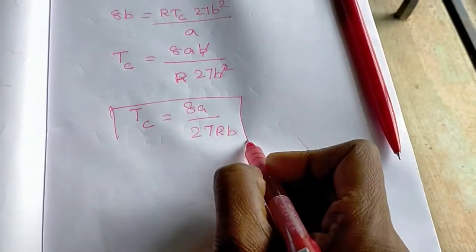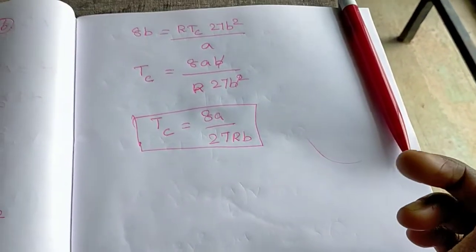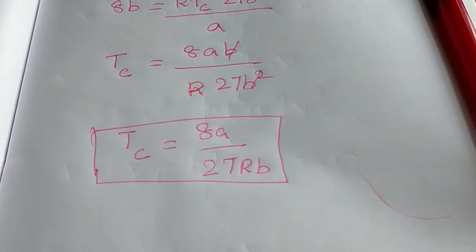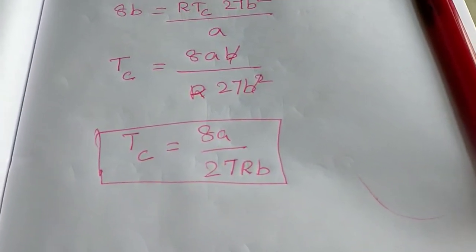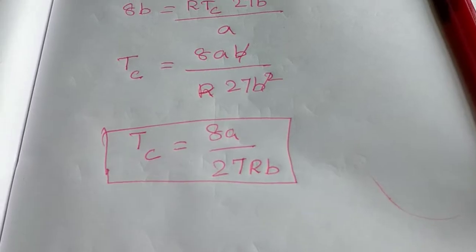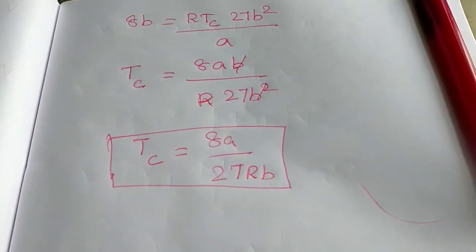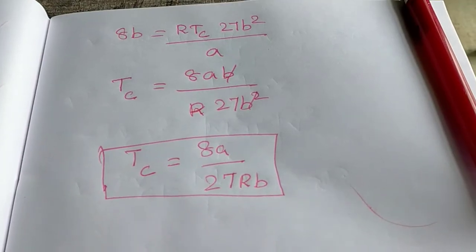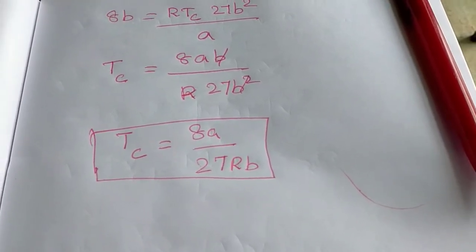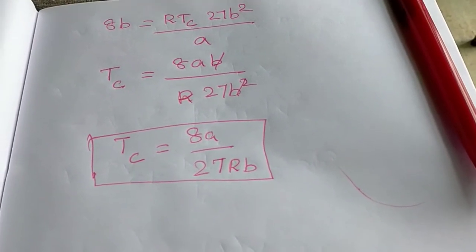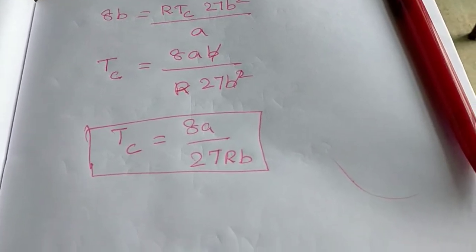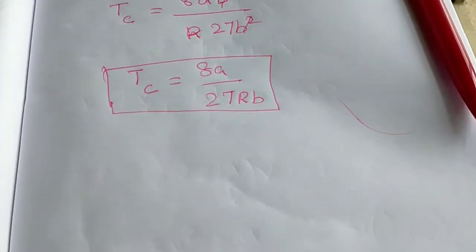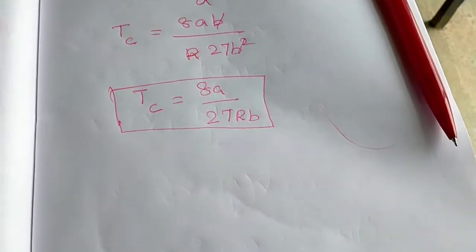Okay, so you got the TC value. So these are the critical constants of the Andrews equation, Andrews isotherm. We have found the values for VC, PC and TC. These are the critical constants. So from this we can easily derive the van der Waals constants.